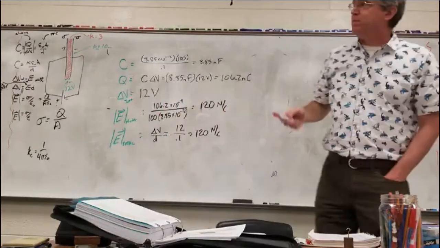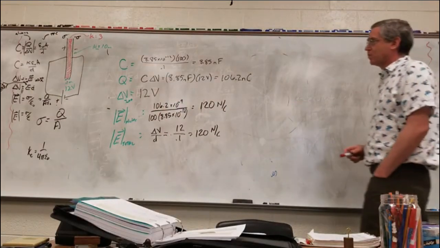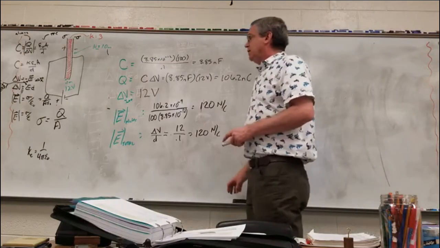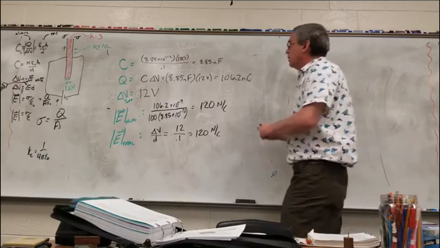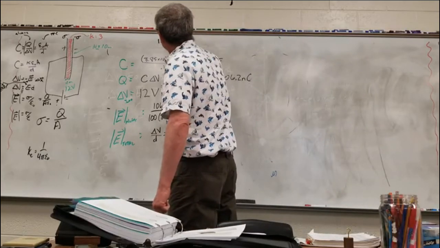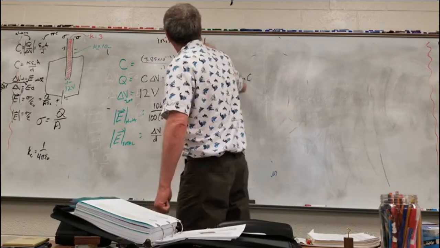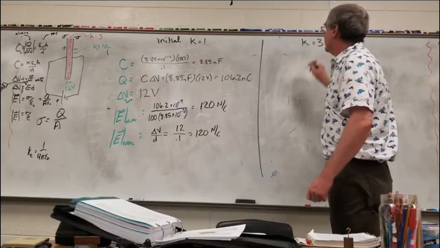So the permittivity between the two plates is 3 times that of free space. So this is initially kappa equals 1. And so now let's do it with kappa equal to 3.